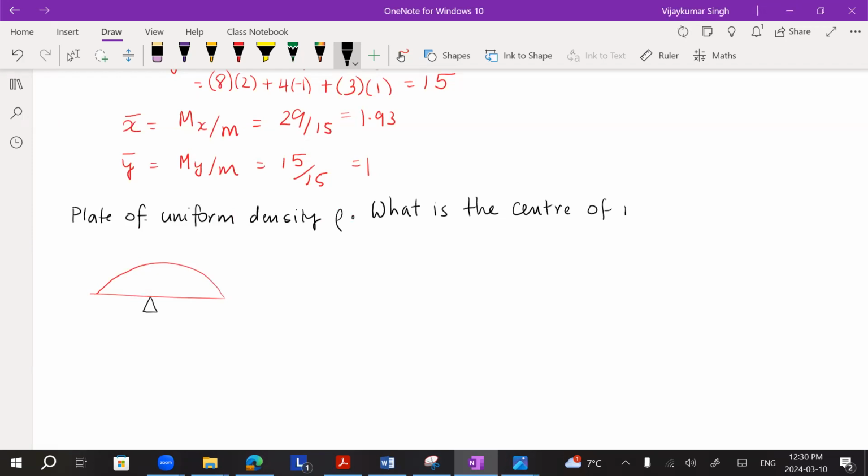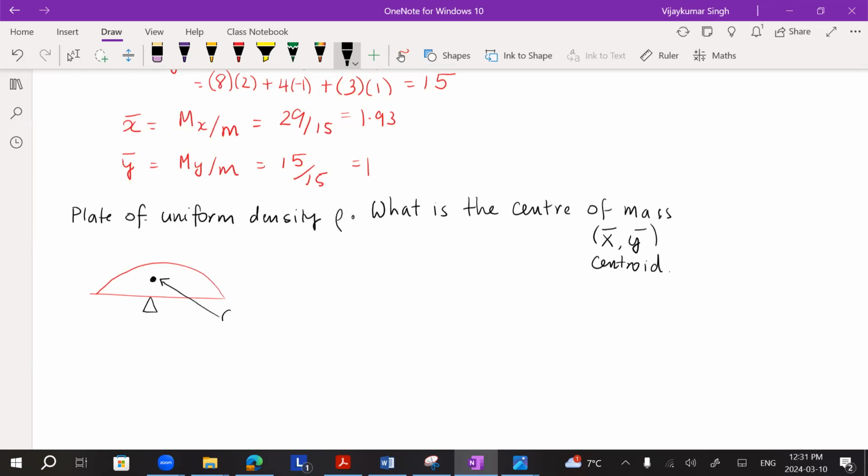Of mass. Say, call it X bar, Y bar, and this will also be called the centroid. So the centroid is somewhere here.